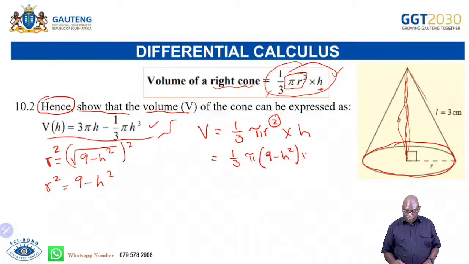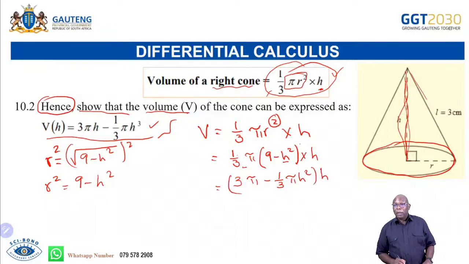So multiply by h. If I multiply all this, 1/3 multiplied by this will give me 3 pi. This multiplied by that is going to give me 1/3 pi h squared. The whole thing must be multiplied by h.